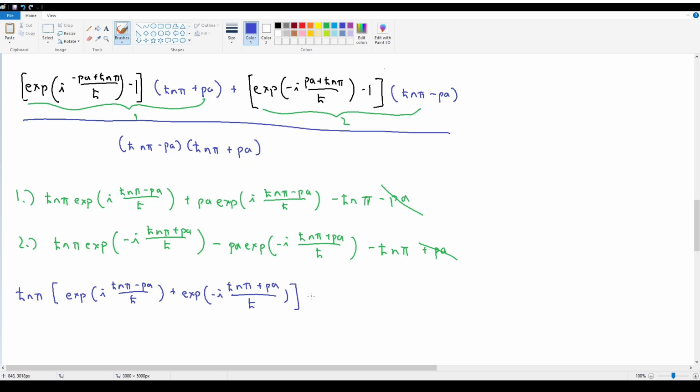And we're going to add pa and do the same distribution. Exp i h bar n pi minus pa all over h bar, minus exponential negative i h bar n pi plus pa over h bar. Close that off, minus 2 h bar n pi, right?